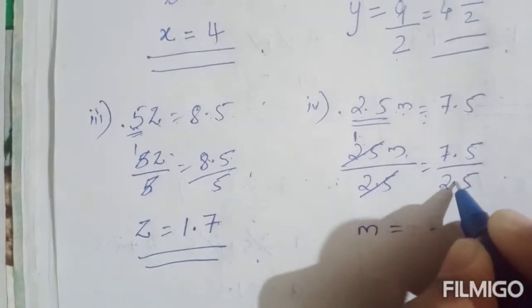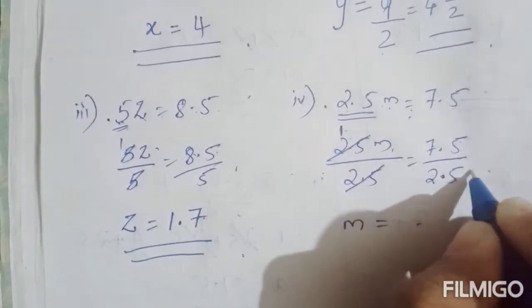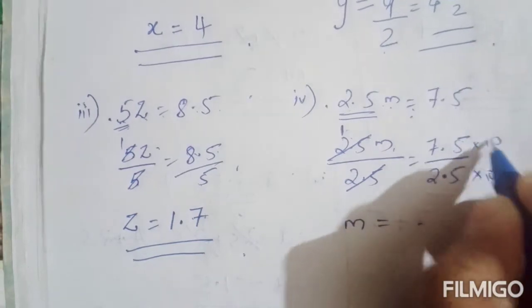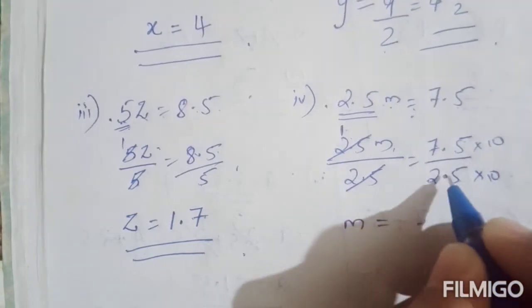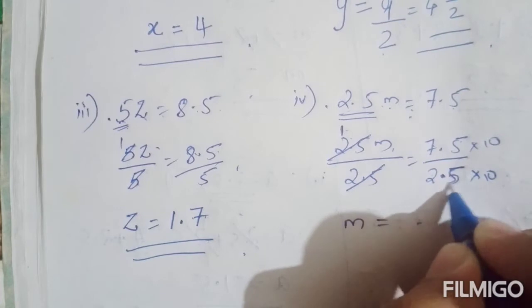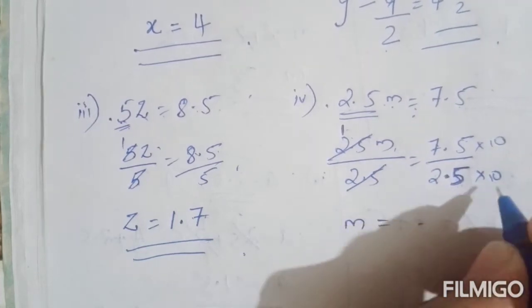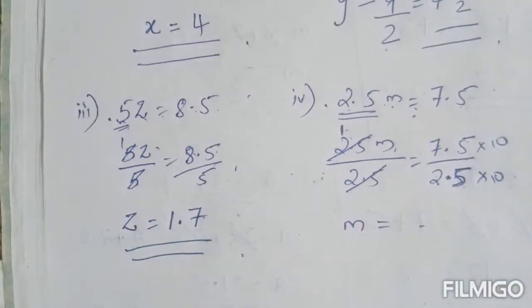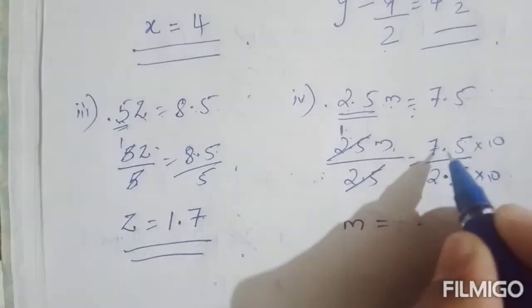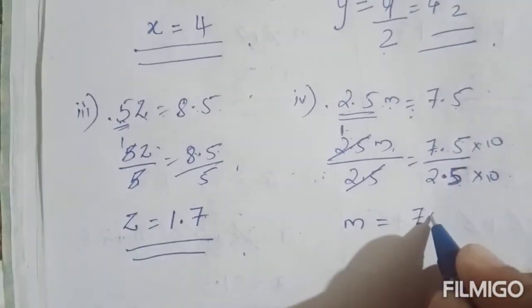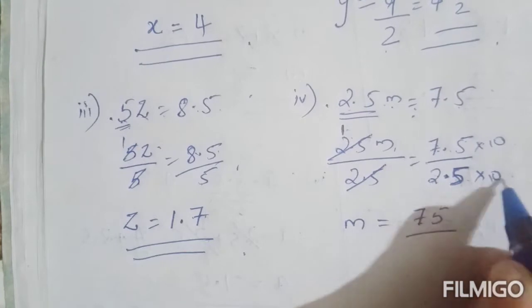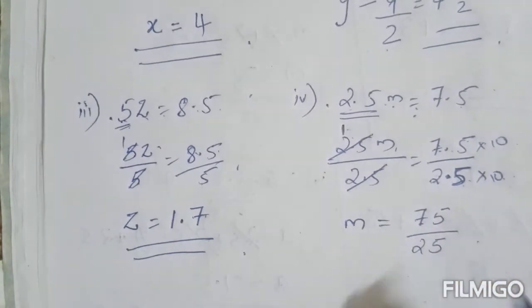First you can remove this decimal. Multiply both numerator and denominator by 10. Here in the denominator, after the decimal point, 1 place is there. 1 digit is coming. So multiply both numerator and denominator by 10. 7.5 into 10 is 75, by 2.5 into 10 is 25.